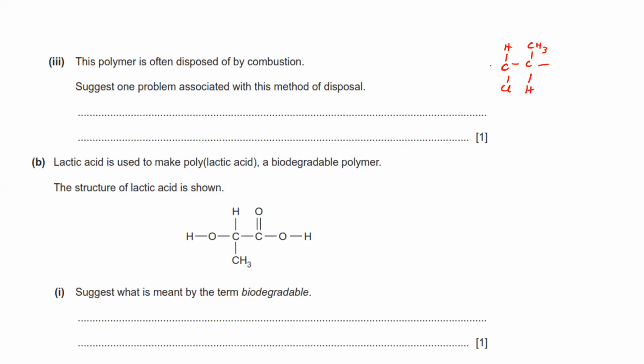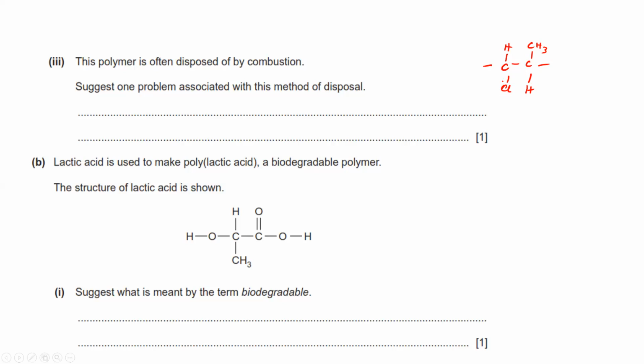Generally, when we burn polymers or hydrocarbons, carbon and hydrogen compounds are the byproducts. But we have chlorine now, and if you burn any compound that contains chlorine, it produces poisonous gas.